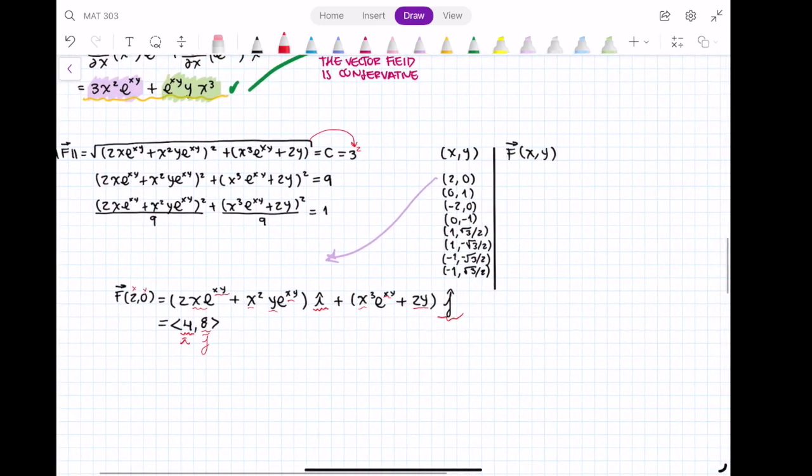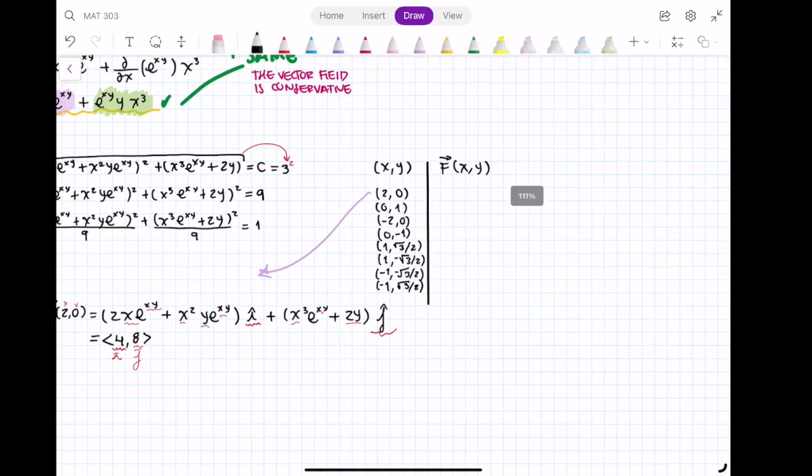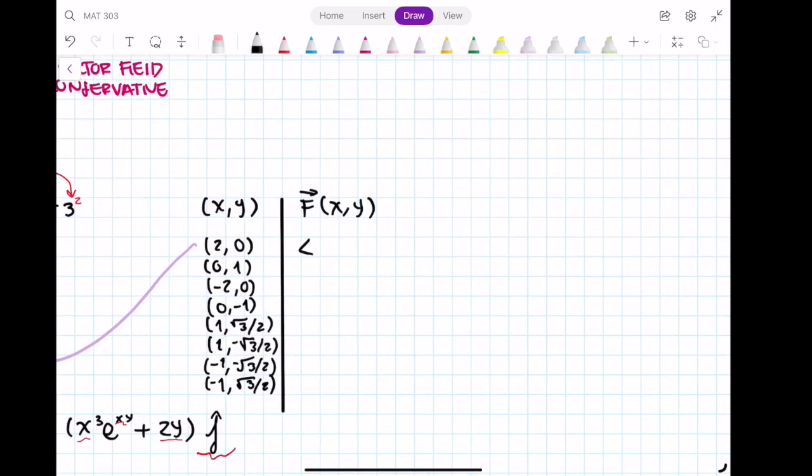We're gonna do the same thing with all the vectors. I already did it before, so we're gonna just plug all this in. But you're gonna do the same steps.